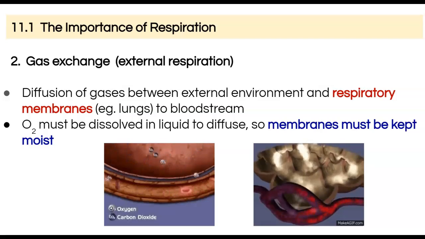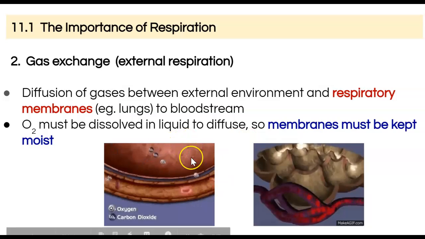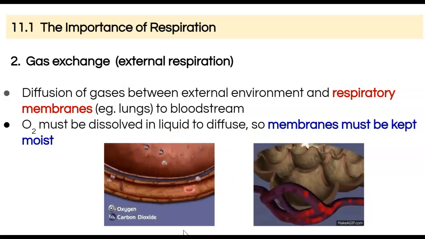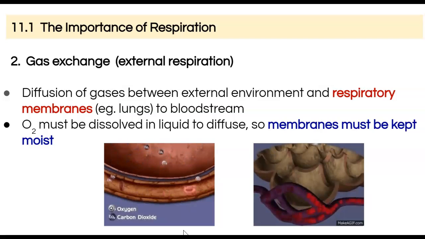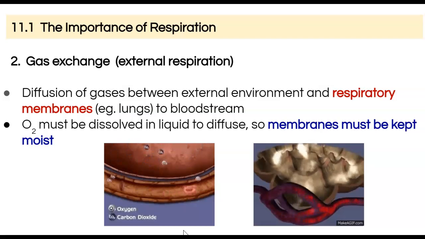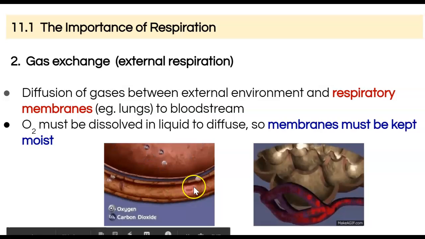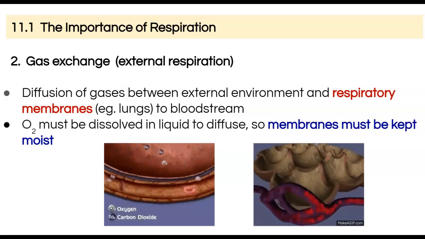Well, the surface of their skin is their respiratory membrane. So all of this type of exchange has to be happening within the worm as well. So when its skin dries out, that's its respiratory membrane, then it's kind of in trouble because in order for that oxygen to pass through that membrane, it has to be in a liquid, and usually that liquid is water. So if your membranes are not moist, then that's not going to be able to happen.